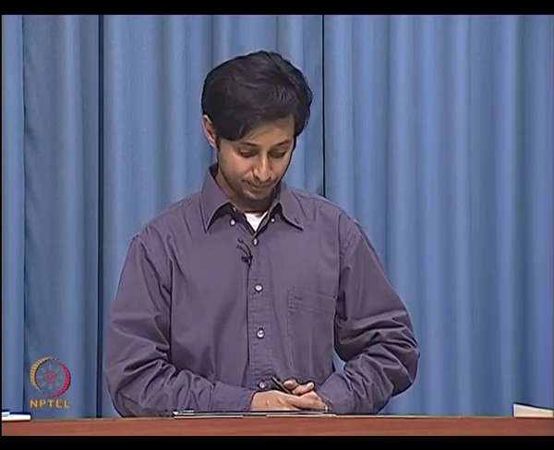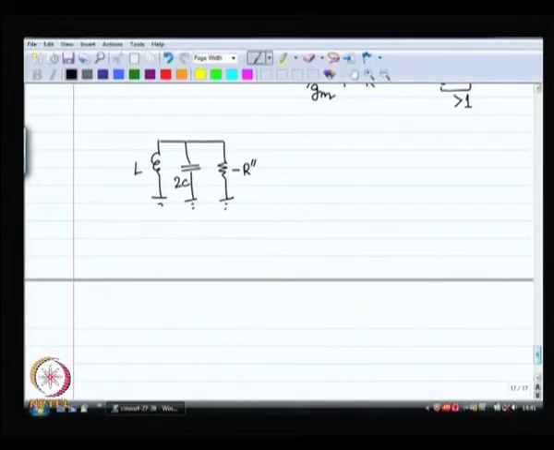What is your expectation from this kind of a system? Well, if you do the analysis, let's just do some sort of an analysis. Let's find out where the poles are.